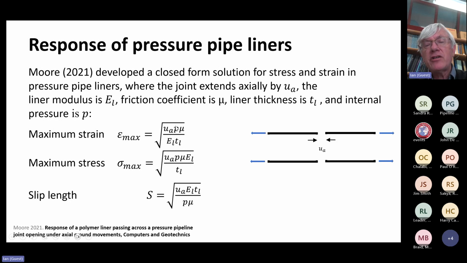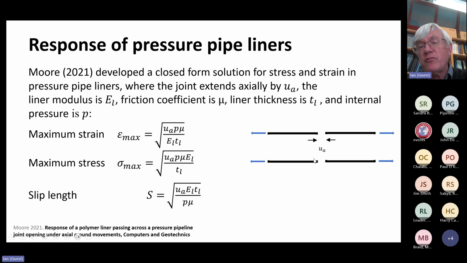So it's a function of the square root of those properties. We can also find the maximum tensile stress if you prefer to do design based on stress. And also, here is the solution for the slip length. This tells us how far away from this joint or crack that's opening slip develops between the liner and the host pipe, where we mobilize the shear strength.